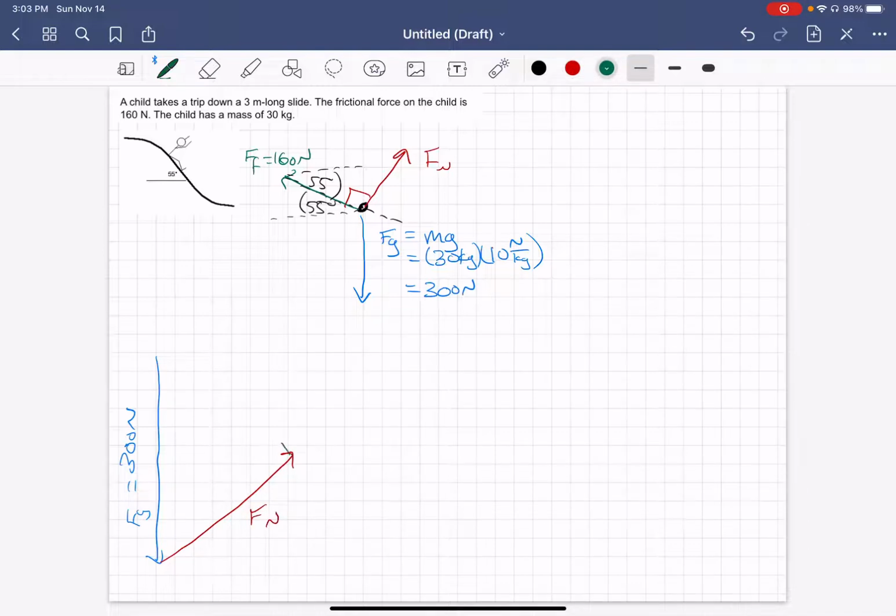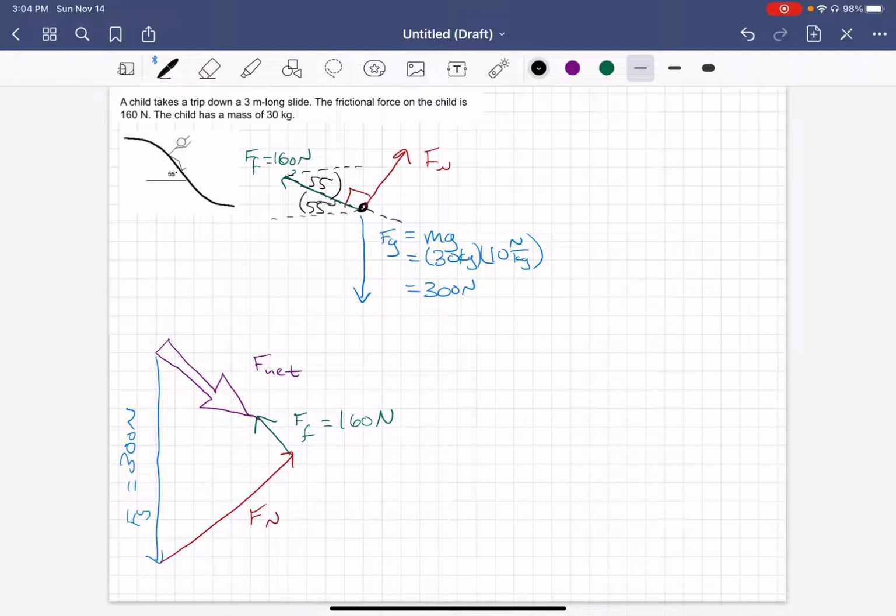I'm going to go ahead and assume that since it gave us the value of the force of friction, the forces on this child are unbalanced. And so that force of friction is not going to quite close this shape. And this leftover chunk is my net force.